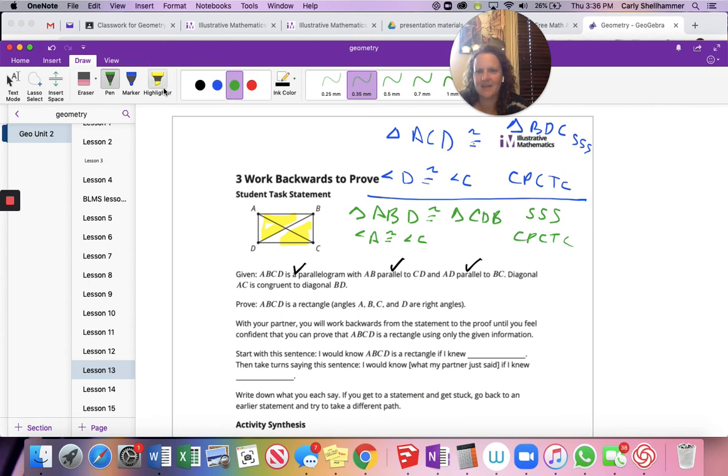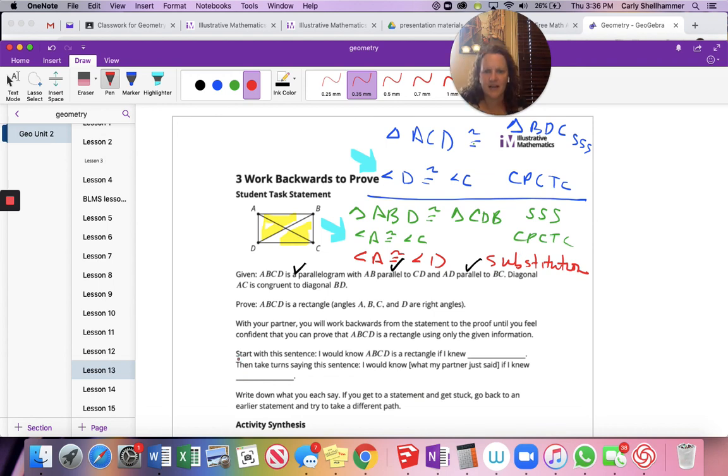Okay, now let me show you this. We know those two are congruent, and we know those two are congruent. So I can actually say that angle A is congruent to angle D because of substitution.